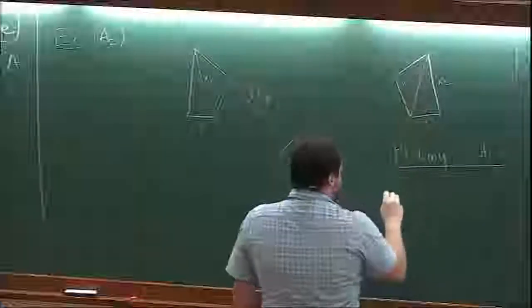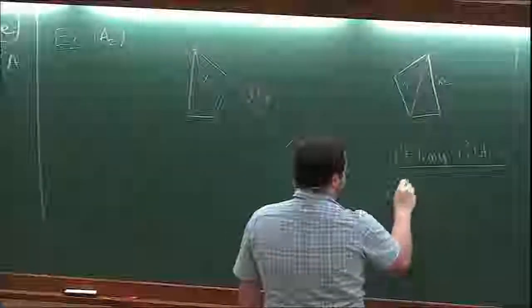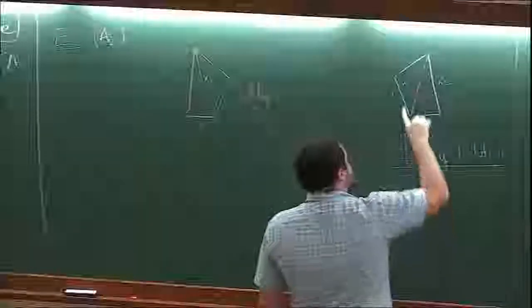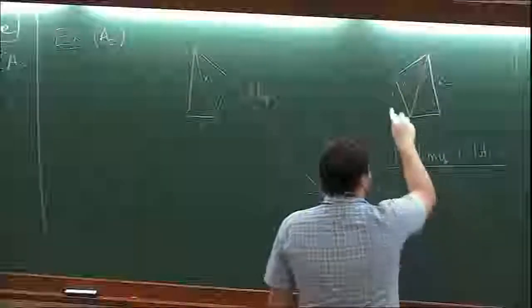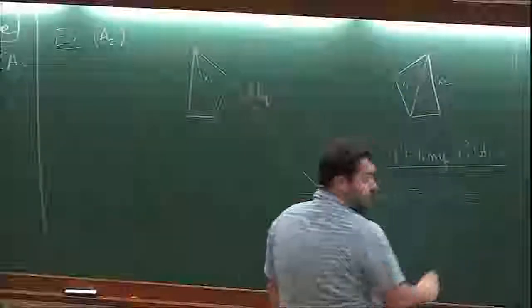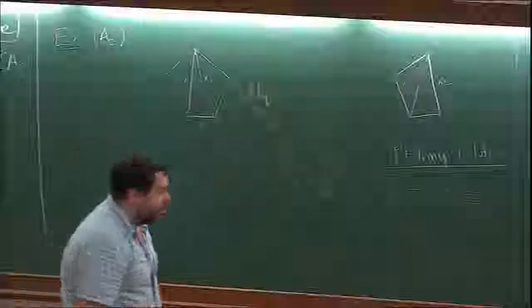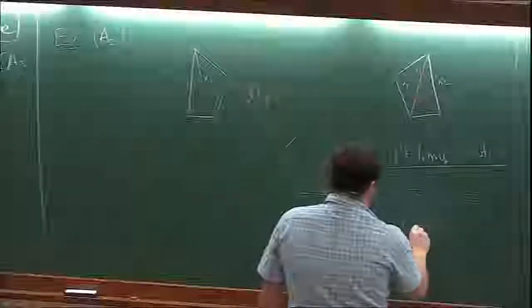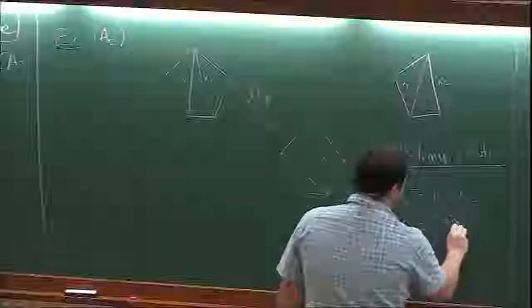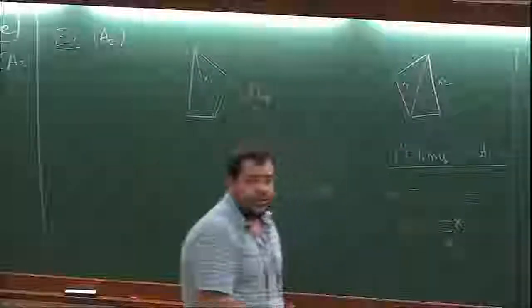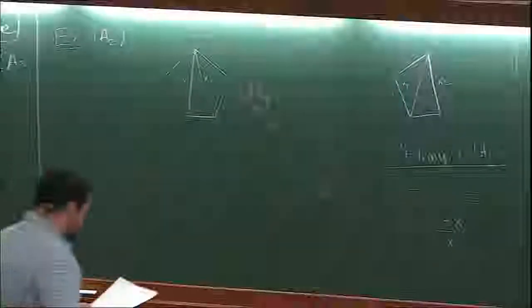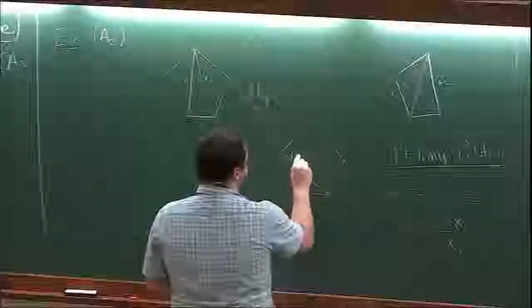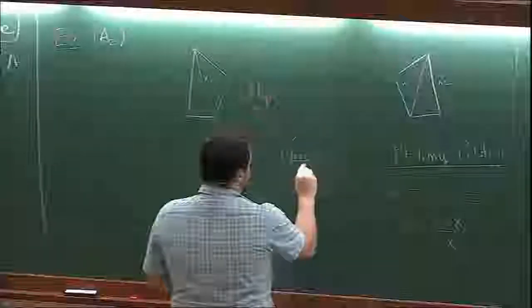So it says the product of the diagonals is equal to the sum of the products of the opposite sides. So 1 times 1 plus 1 times x2. And if I solve for my new variable, this should look familiar. This is what we got when we mutated before. Okay? So 1 plus x2 over x1.